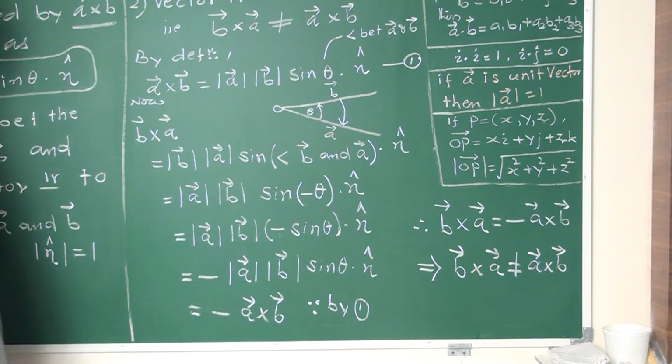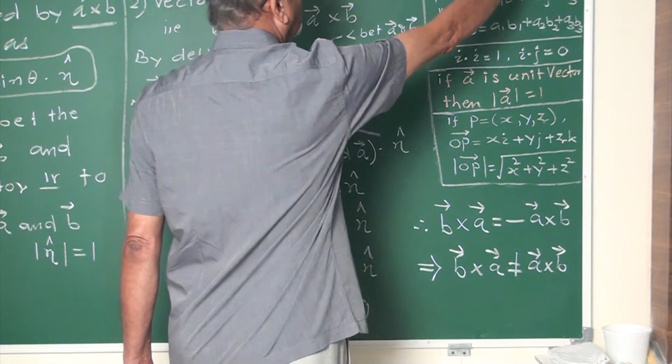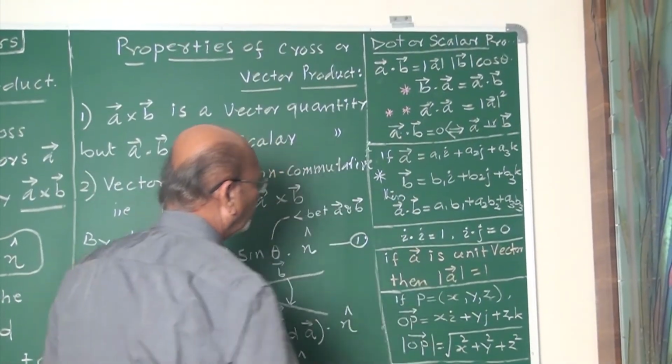In case of scalars, A dot A is magnitude of A the whole square.